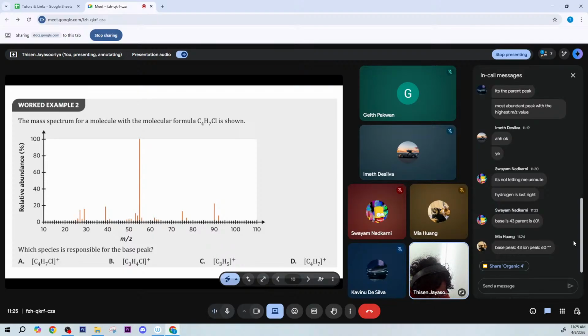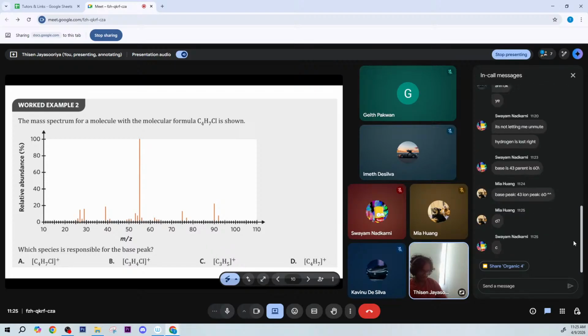Is it B? Is it C? Or is it D? So D, 1C. Any other guesses? Have another D. Okay.